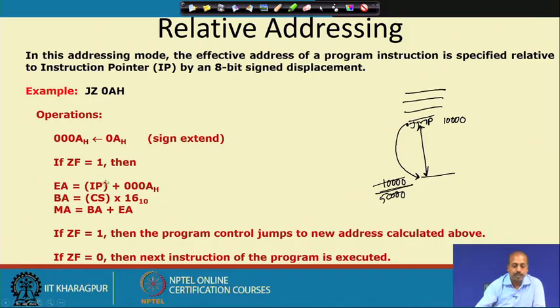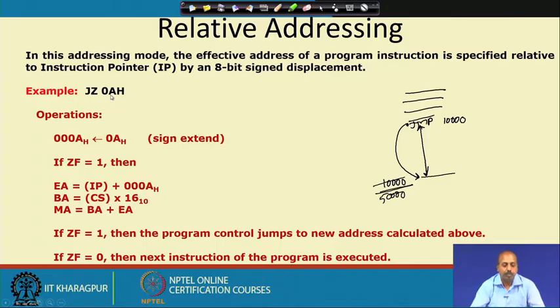But what is actually done is, with the current instruction pointer value, this 0A hex will be added. When this addition is done, we have this new address calculated, and wherever the program is loaded, the distance between these 2 points always remains 0A hex.